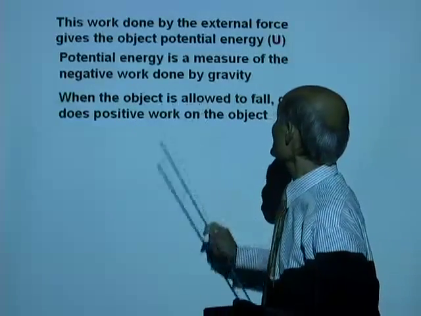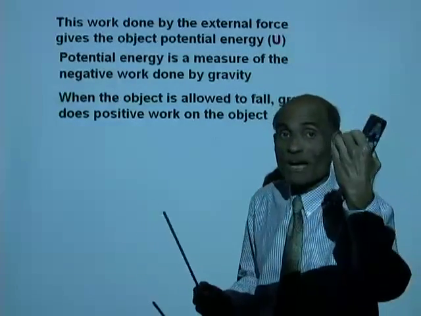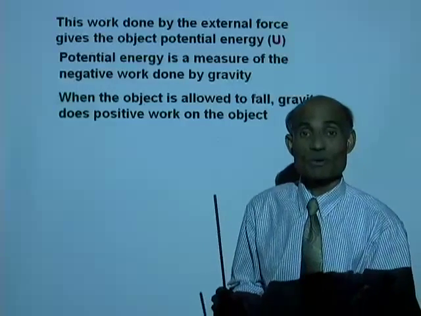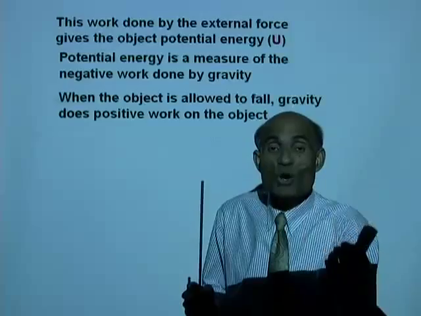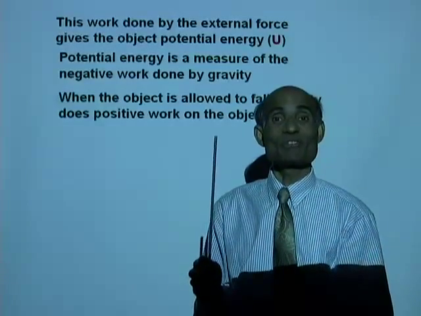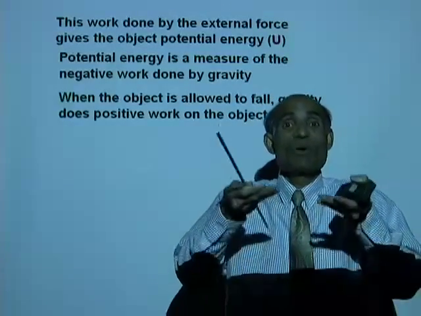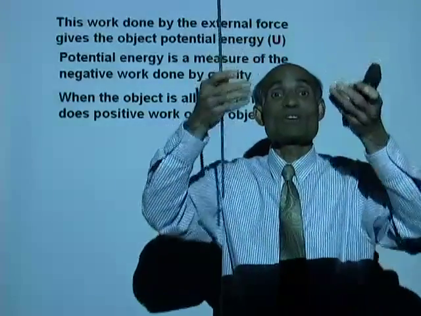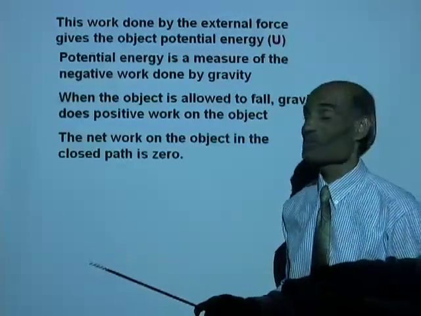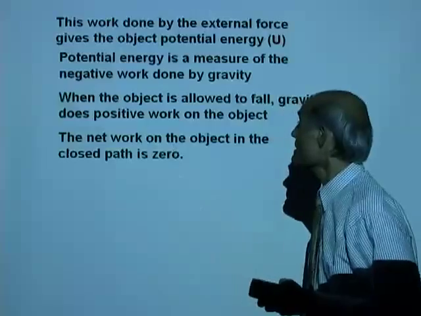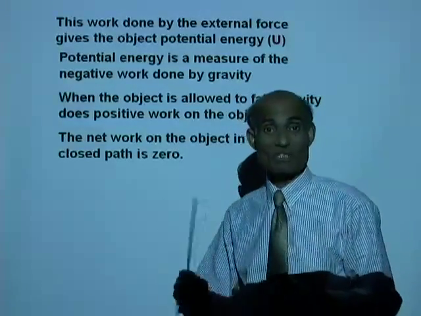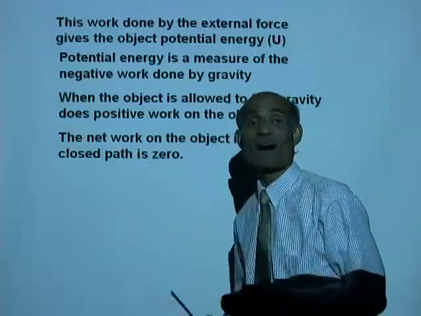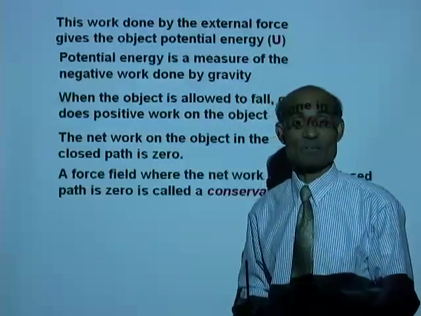When the object is allowed to fall, gravity does positive work. So positive work by gravity lowers the potential energy, and the negative work done by gravity increases the potential energy of the object. The net work done on the object by the force of gravity in the closed path is zero.